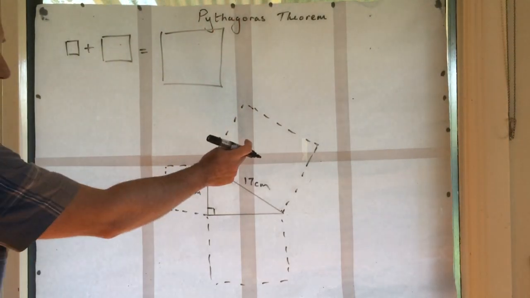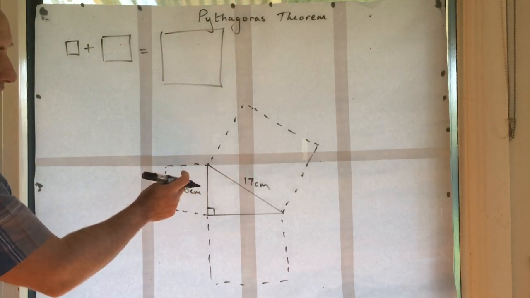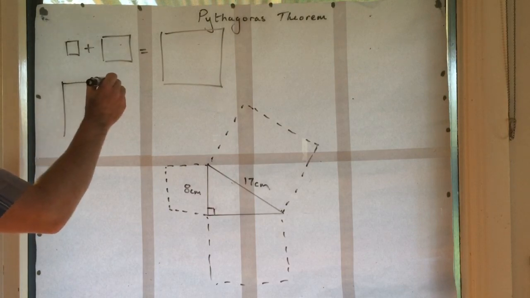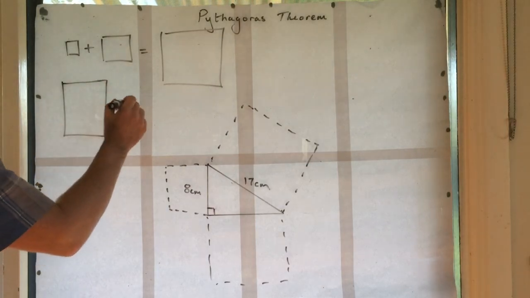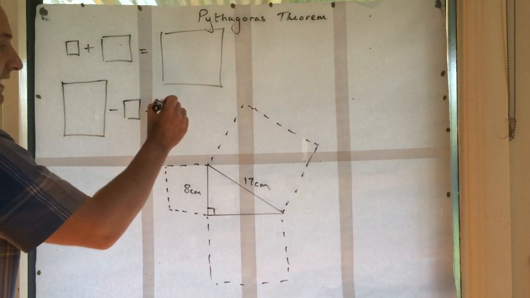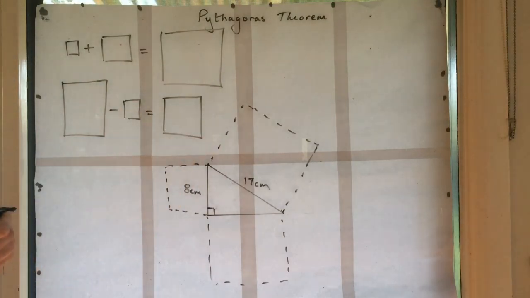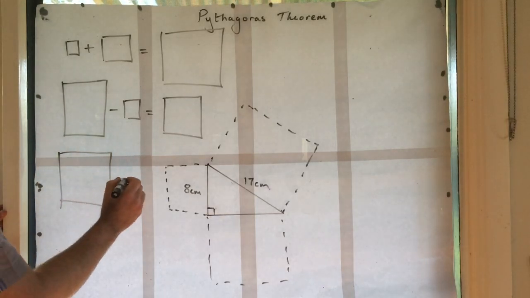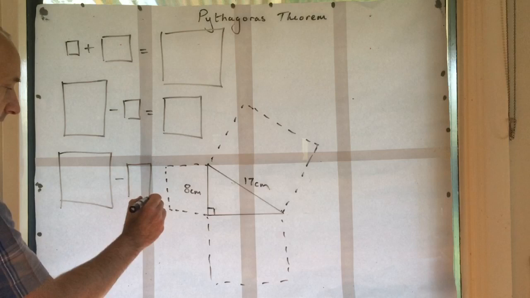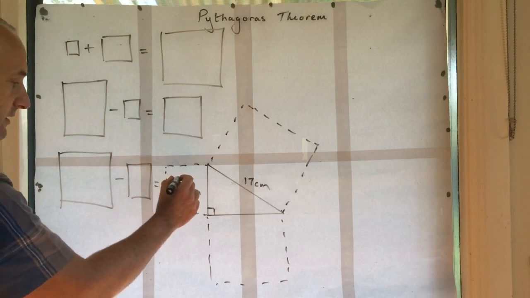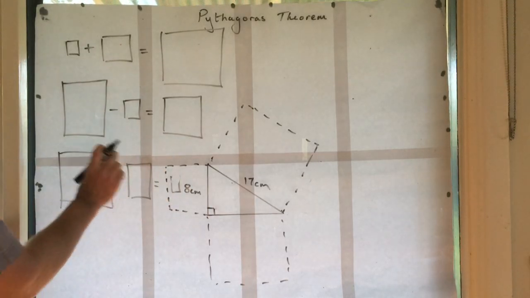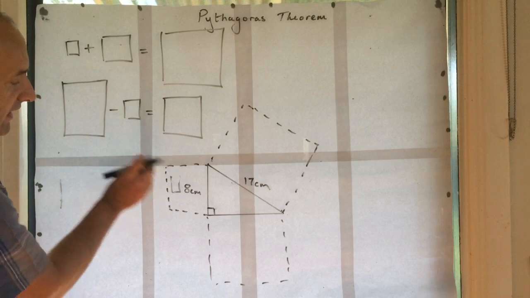But I know the area of the big square, and I know the area of the small square. Ah, I've got it. That's what we do. The big square, take away the small square, is the area of the medium square. That's it. Yeah, it's coming back to me now. And I can also say the big square, take away the medium square, is the area of the small square. Yeah, that's it. It's all coming back to me now.